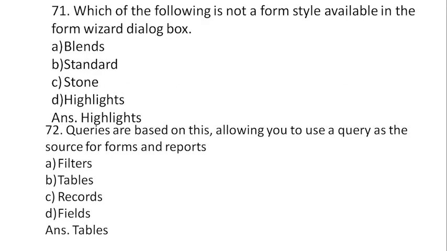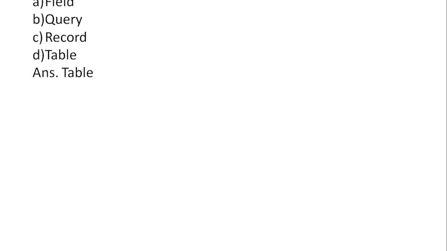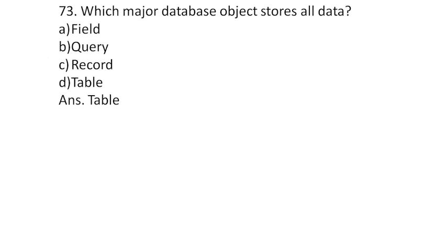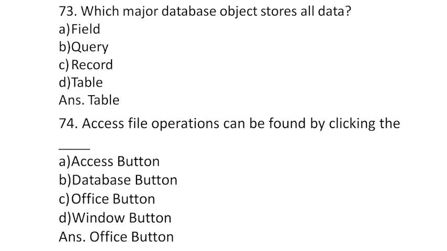Next, queries are based on this, allowing you to use a query as the source for froms and reports, answer holo tables. Next, which major database object stores all data, answer holo table. Next, access file operations can be found by clicking the dash, answer holo office button.